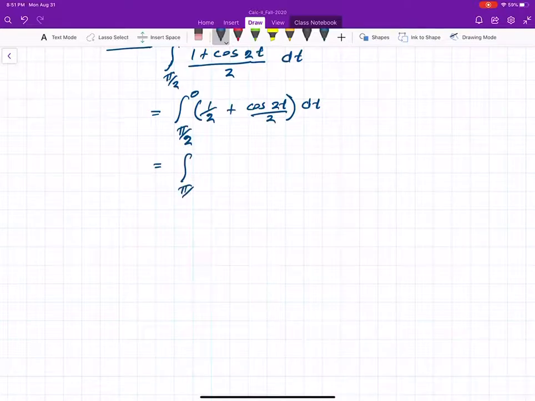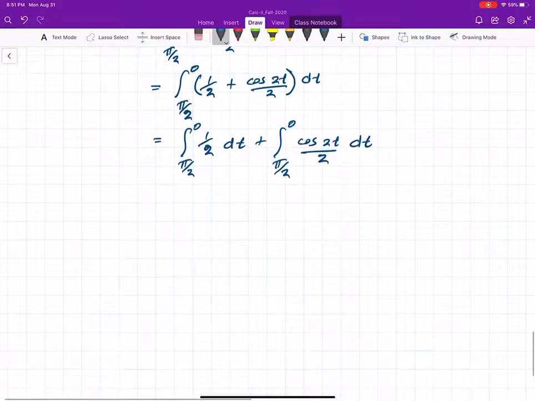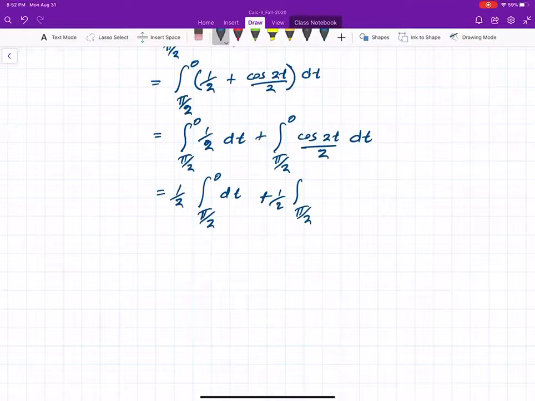First I integrate half, and then I integrate cos 2t over 2. This half is a constant, and you can take constants out, and here too, half is a constant. You can take that out, and then integrate cos 2t dt from pi over 2 to 0.